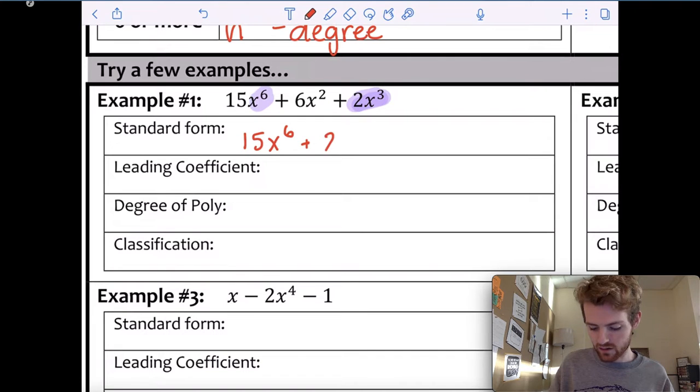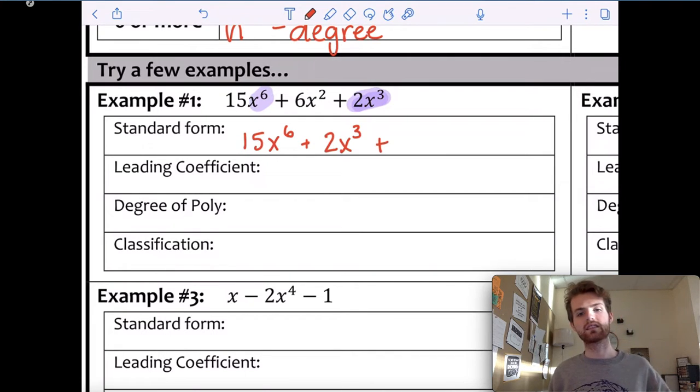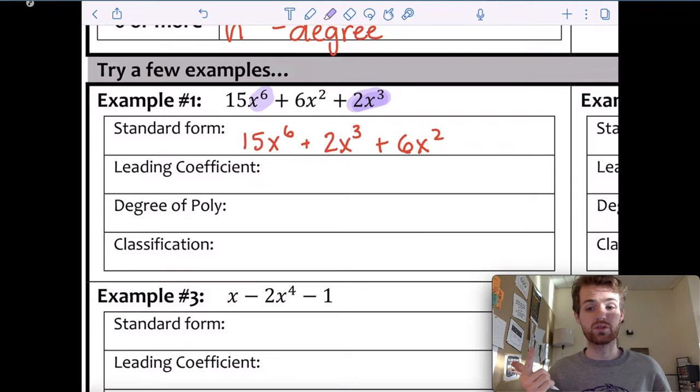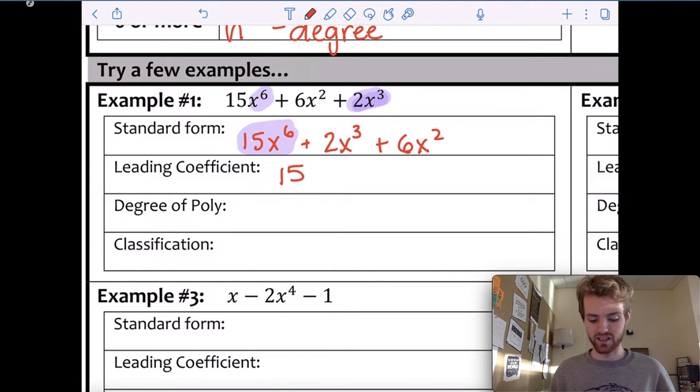Finally, I'll write that 6x squared last. Now that we've done that, the leading coefficient and degree become really nice and easy. This is our biggest degree, so our leading coefficient is the number paired with the biggest degree, 15. And the degree of the polynomial just asks for that number.